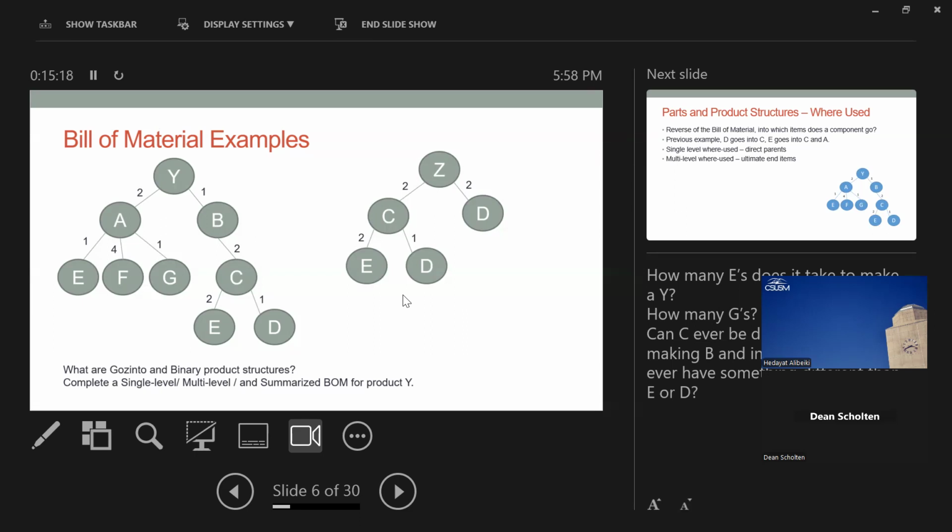C appears in level 1 and 2, so C goes here. How about D? Level 3. How about E? 1, 2, 3, that's E. How about F? 2. How about G? 3.